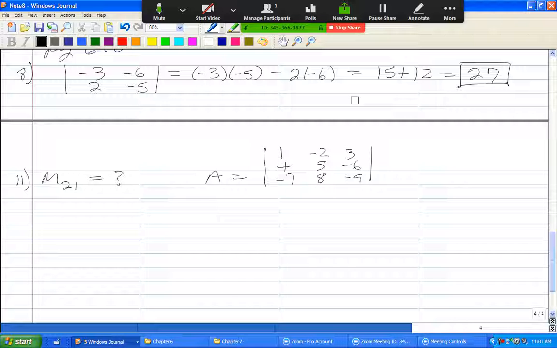So what I'll do here is I'll get rid of the second row and the first column.